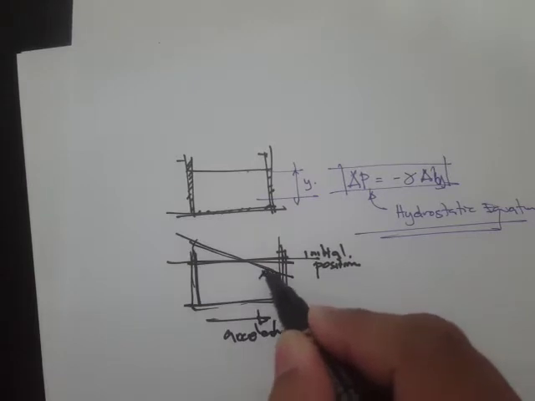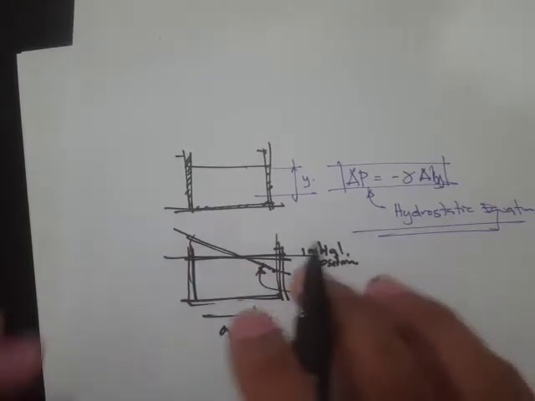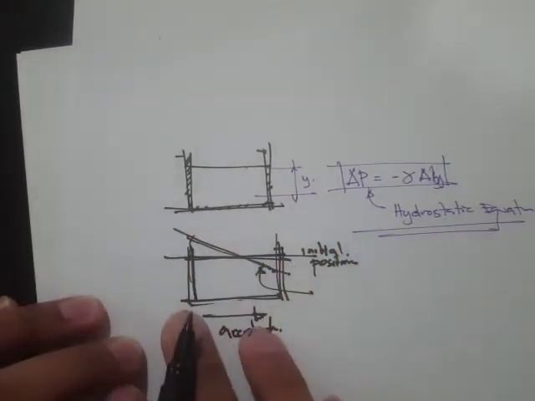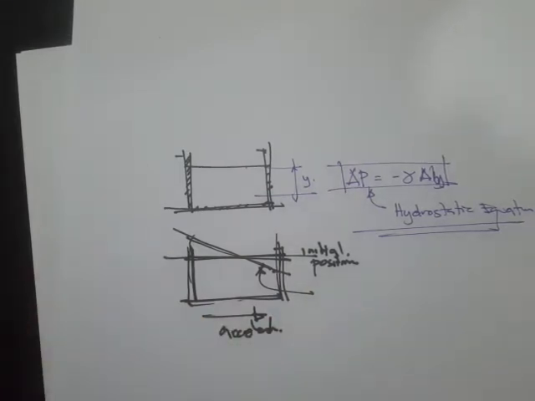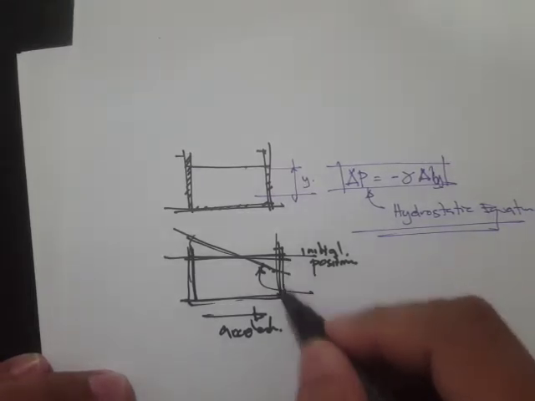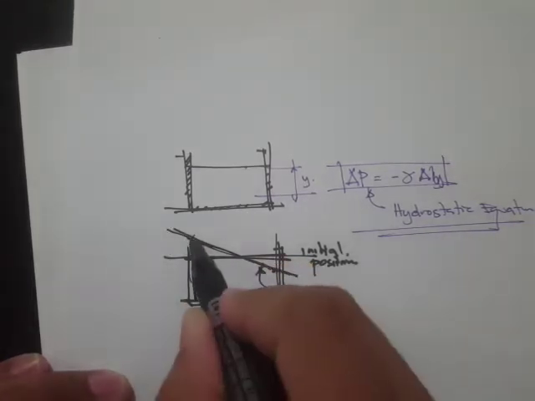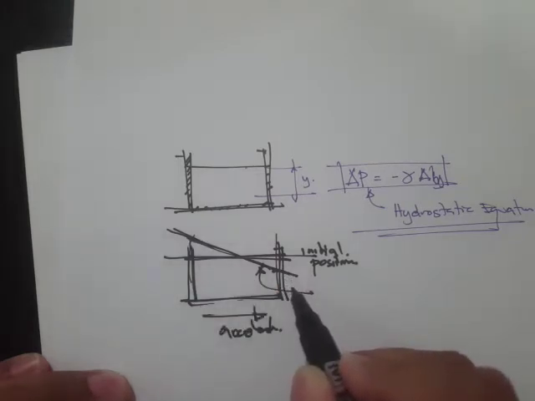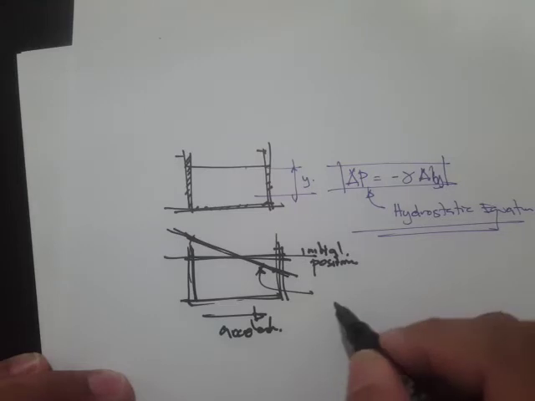Imagine this container is accelerating continuously at a constant rate, and therefore this slanted line is the new free surface position.